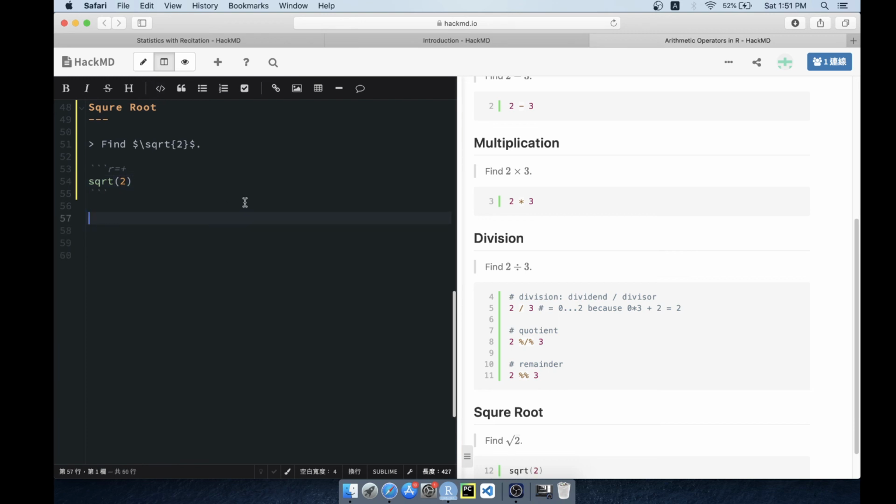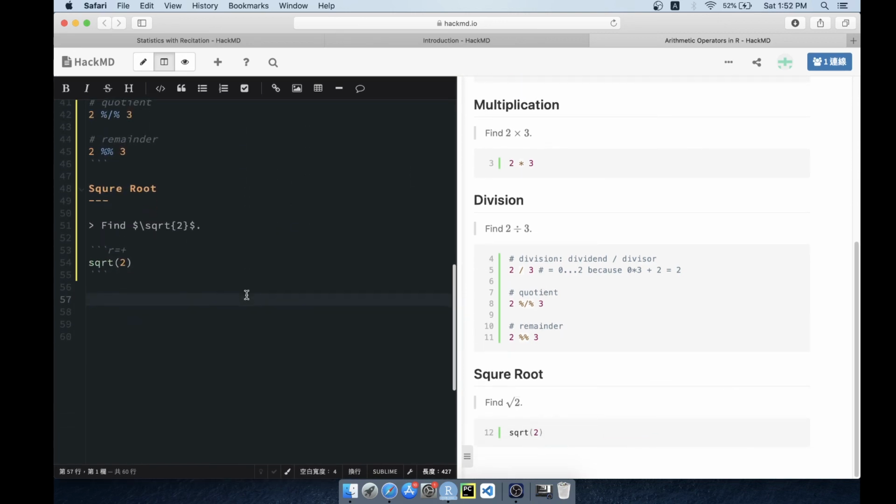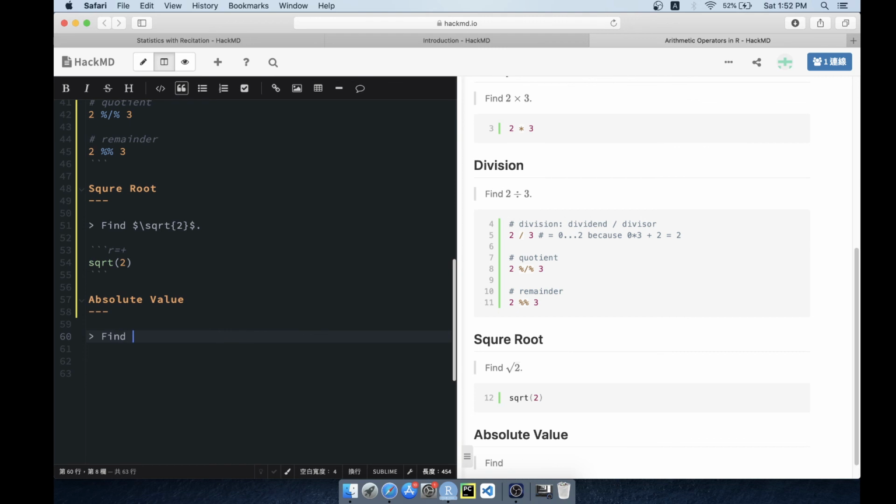And next, how about the absolute value? We find the absolute value of -2.